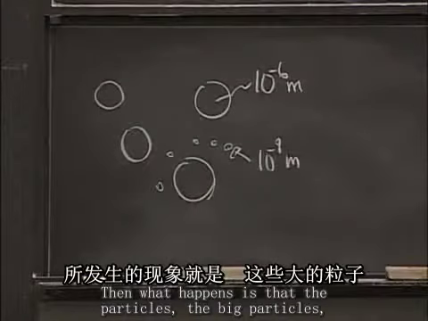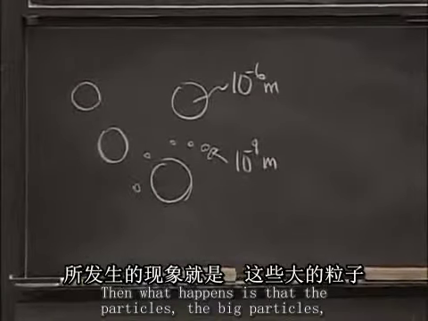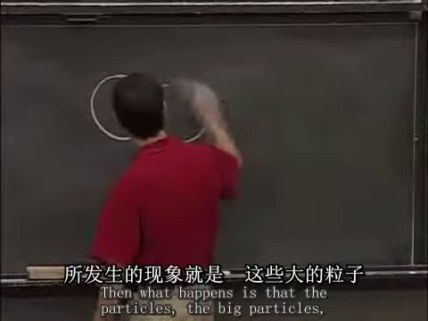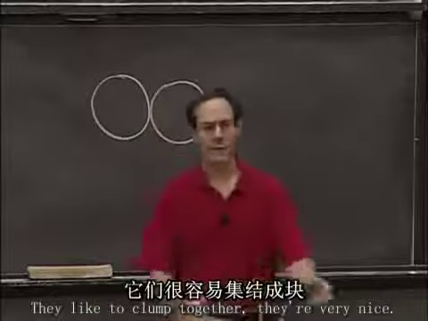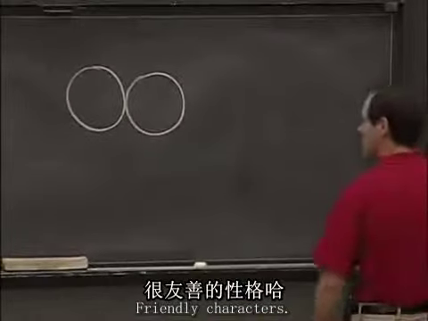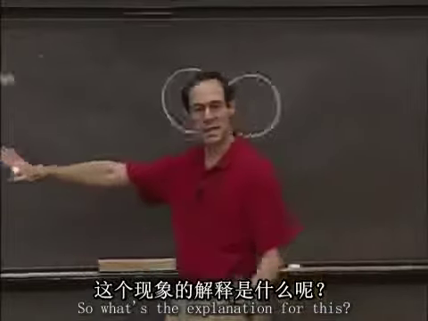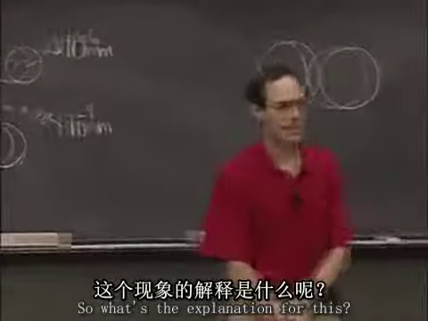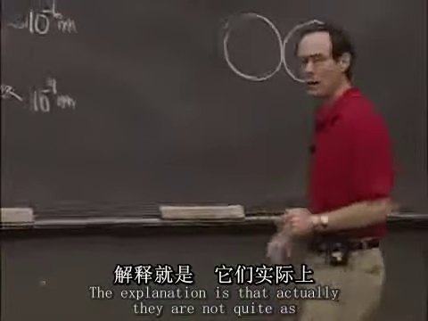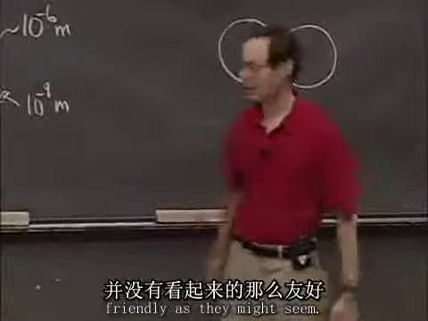Then what happens is that the particles, the big particles, like to hug each other. They like to clump together. They're very nice, friendly characters. So what's the explanation for this? The explanation is that actually they are not quite as friendly as they might seem.